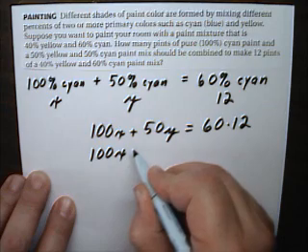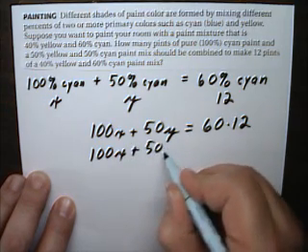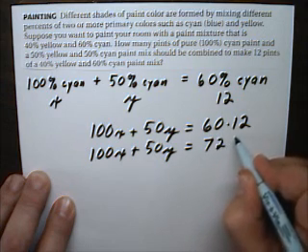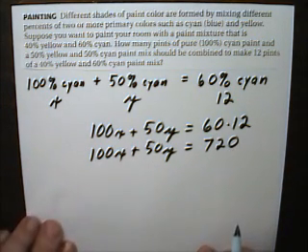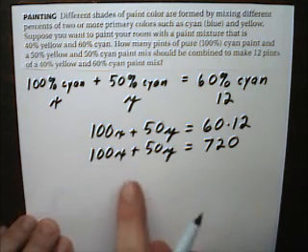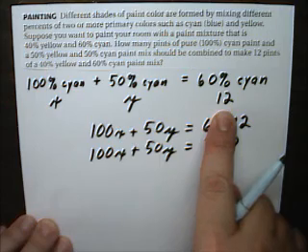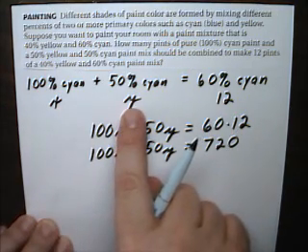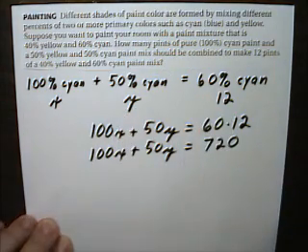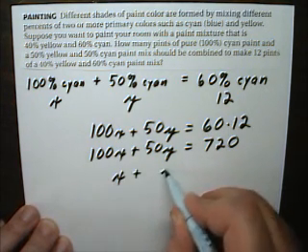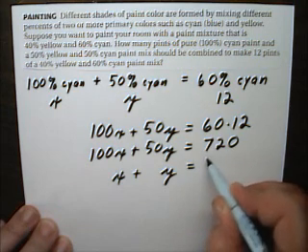So 100x plus 50y equals 720. And I also have, whatever x is and whatever y is, that has to add up to 12. Whatever number of pints of this and whatever number of pints of that has to come up with 12. So I will have x plus y equals 12.